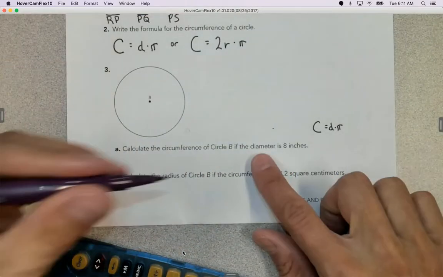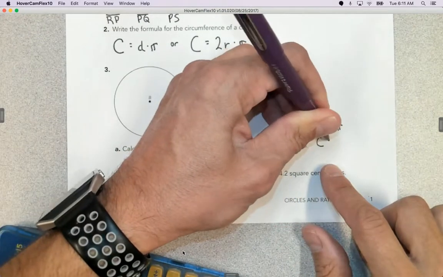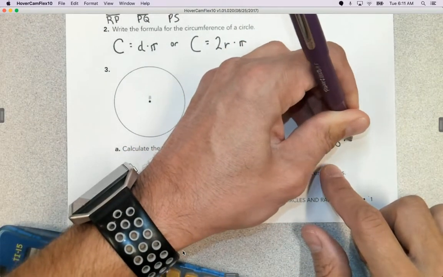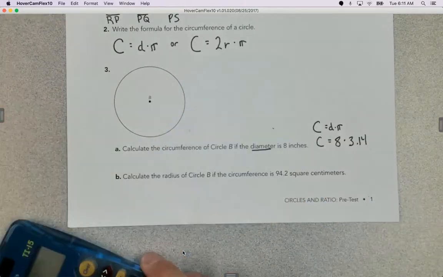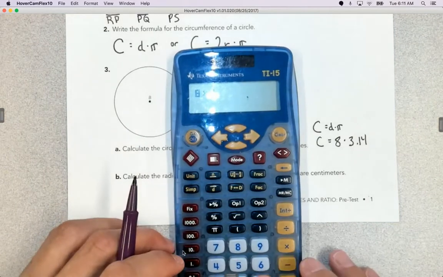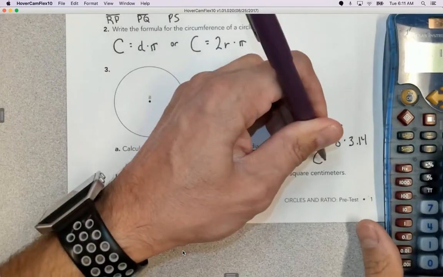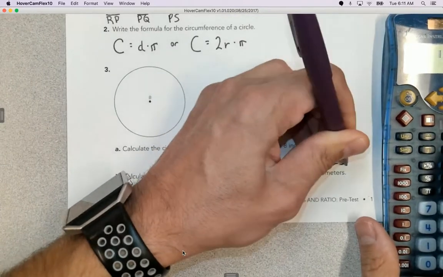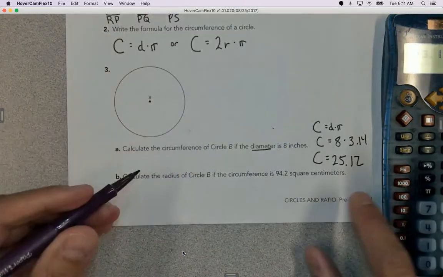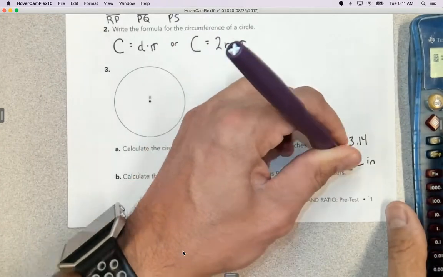Diameter is 8 inches, so therefore the circumference is 8 times 3.14 as the approximation for pi. And I get as my answer the circumference is 25.12 inches. And it's circumference, so it's a line, it's a perimeter going around the outside of a circle, so that would be it.